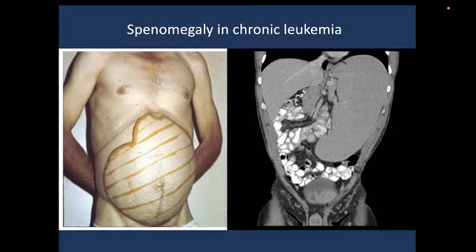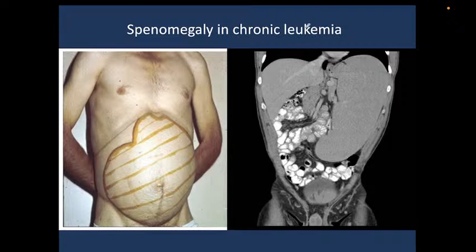It's interesting to find some of the symptoms and states when the spleen may be enlarged. Usually it happens during blood cell diseases.